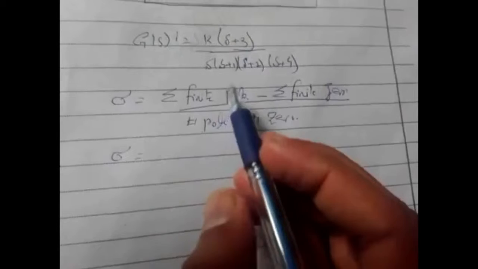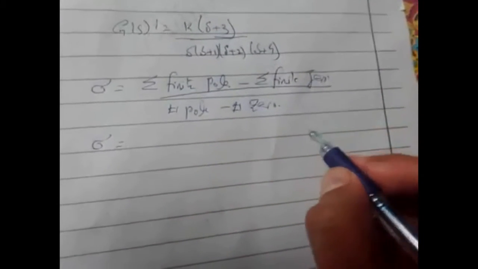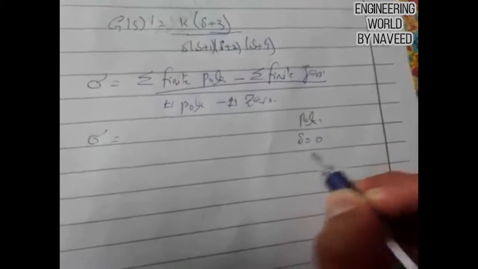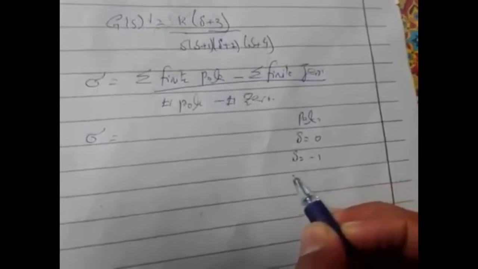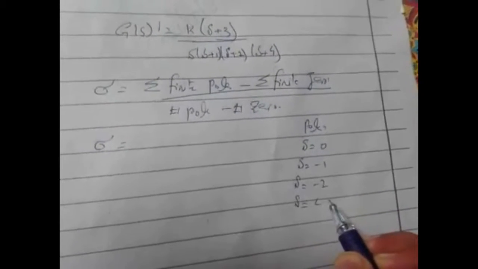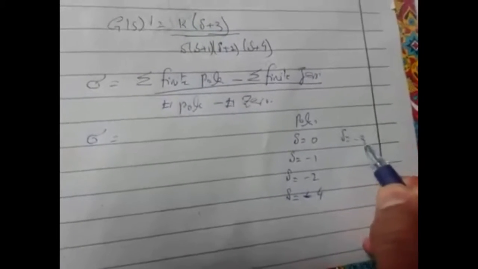So this asymptotic point will be the sum of all the finite poles. Here the finite poles are: one is located at 0, another one is at -1, the third one is -2, the fourth one is -4, and the zero is at S equal to -3.